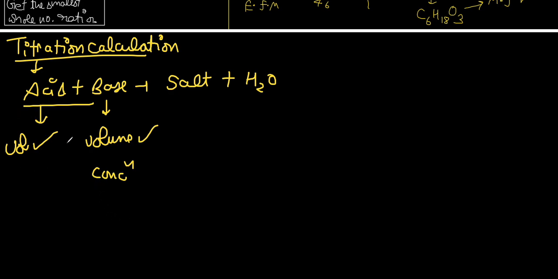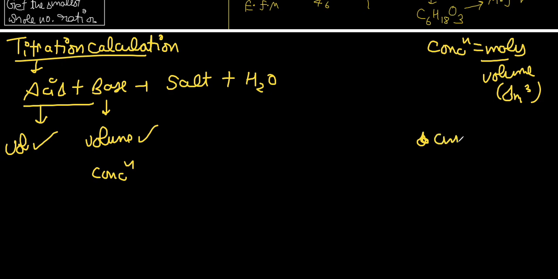They will ask us to find out the concentration of the other species. So first of all, concentration is equal to moles by volume. Volume should always be in decimeter cube. If it is given in centimeter cube, divide by 1000 to get decimeter cube. Fine. This is how to find out the concentration, and moles you can always find out.